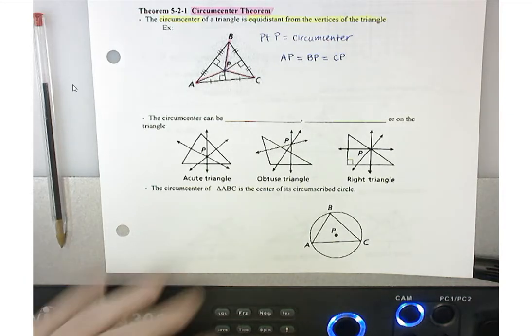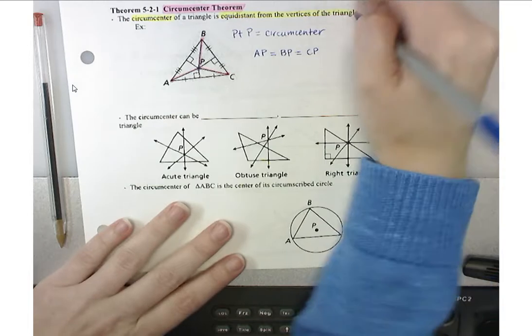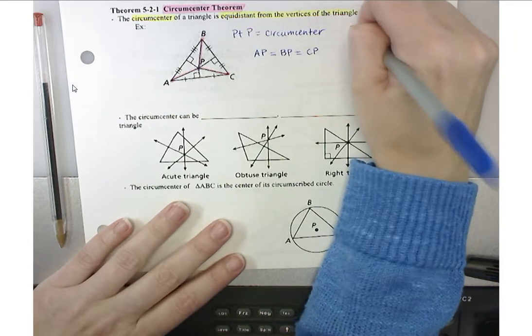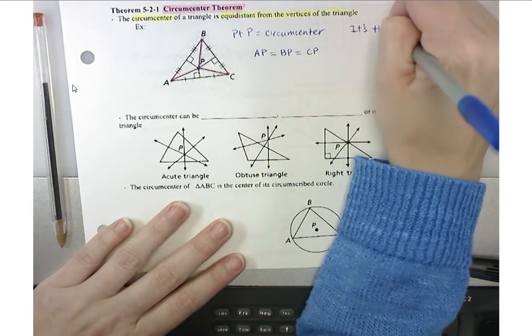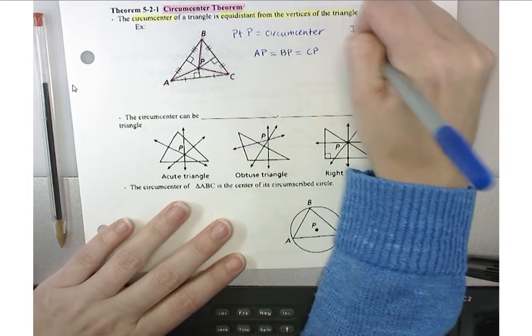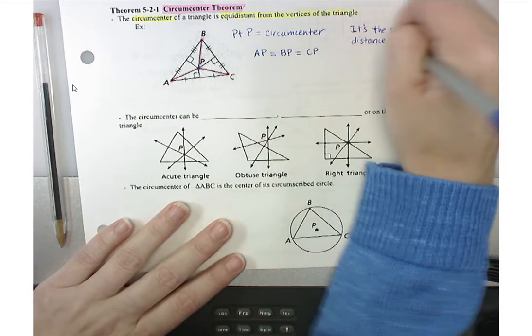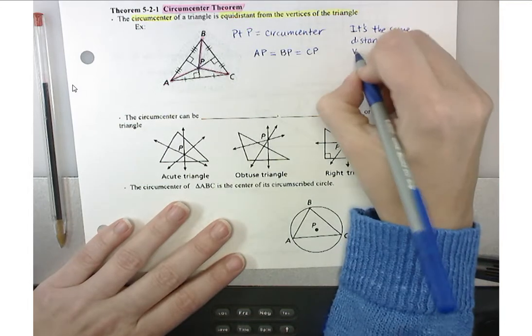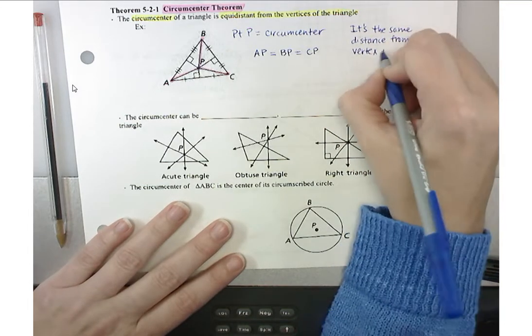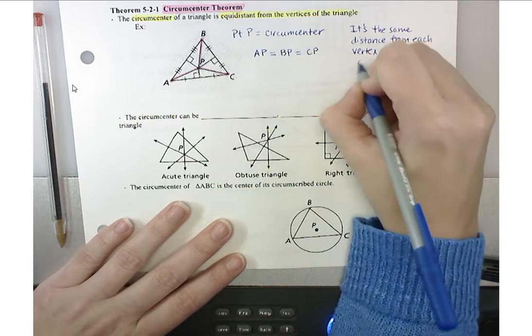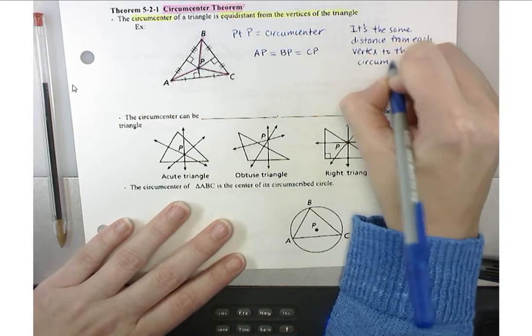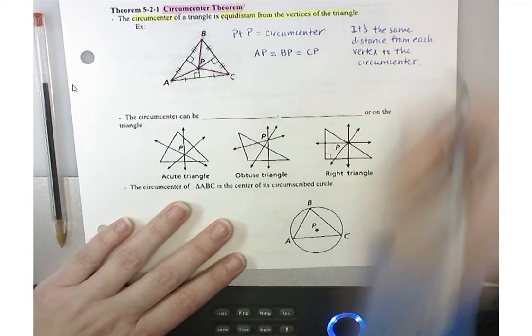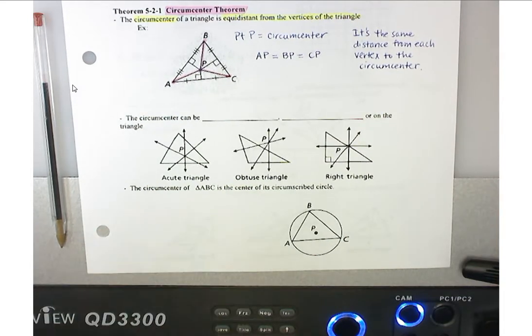Right, so another way that you can think about this is it's the same distance from each vertex to the circumcenter.